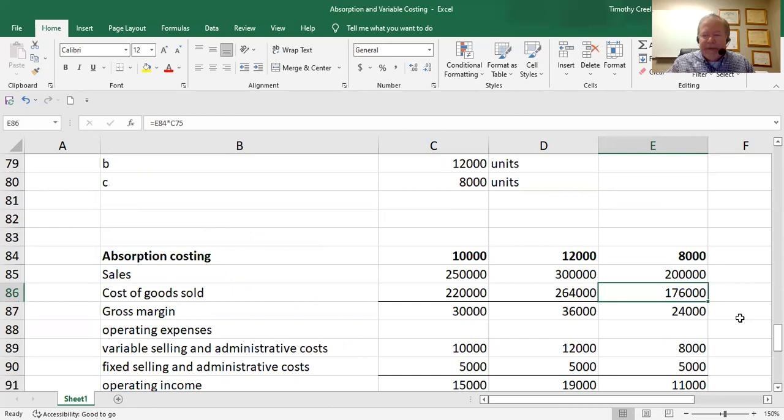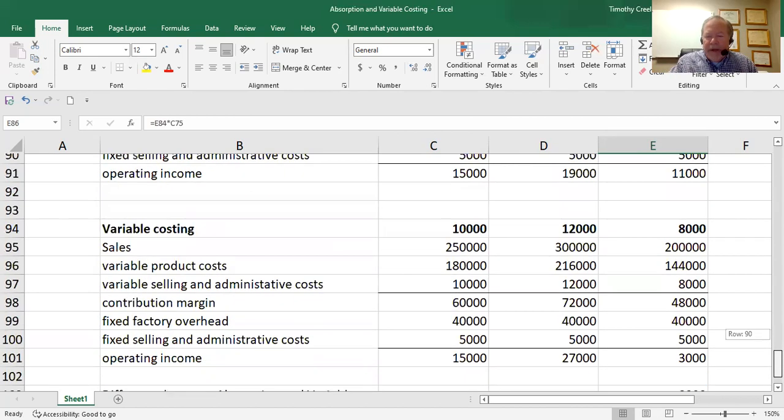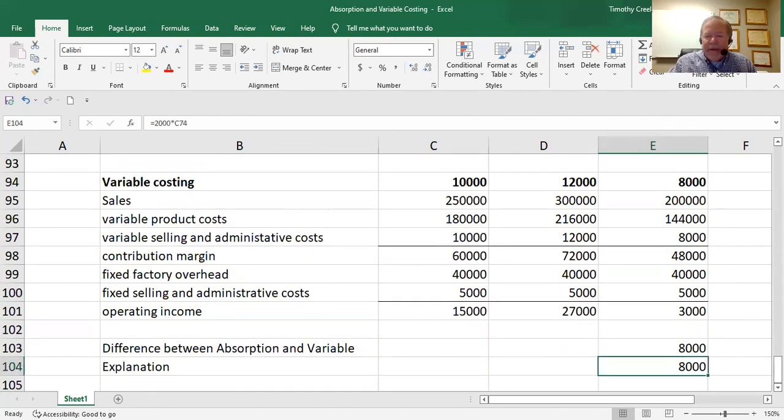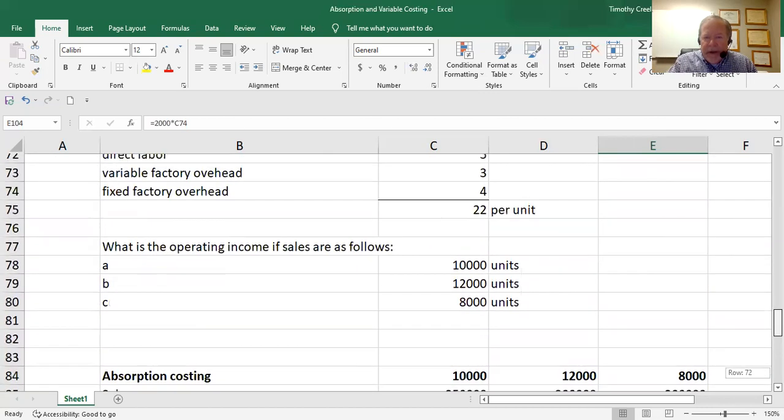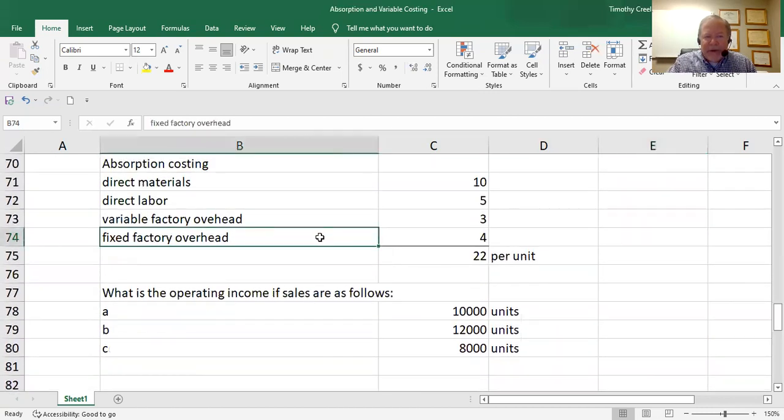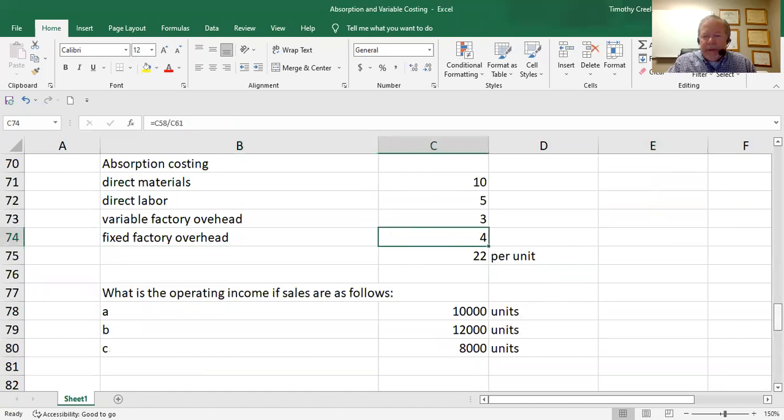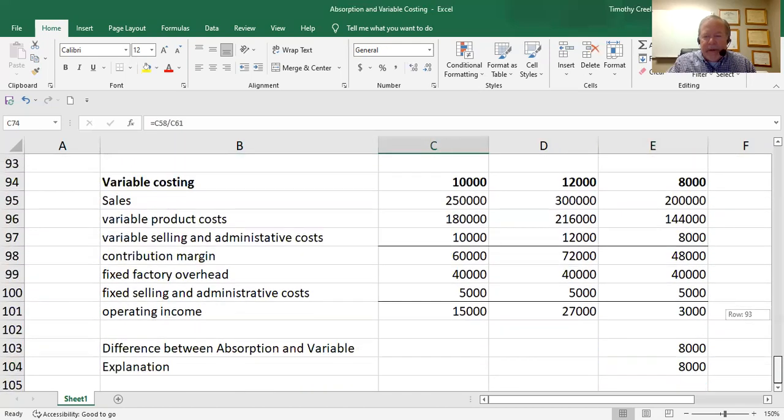Not all of it is going to be expensed off. So a way to explain it is to look at the difference between production and sales, which in this case would be 10,000 minus 8,000, which gives us 2,000, times the fixed factory overhead per unit of $4. That would give us $8,000, which would explain the difference between absorption and variable costing.